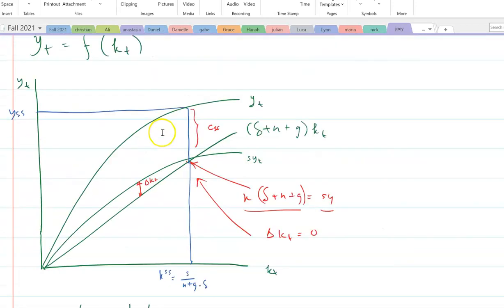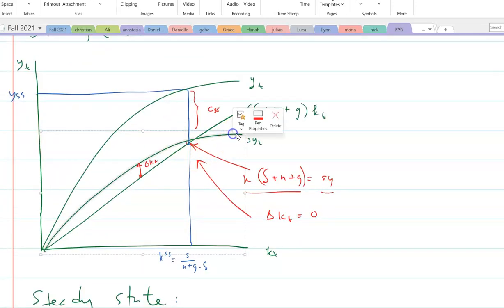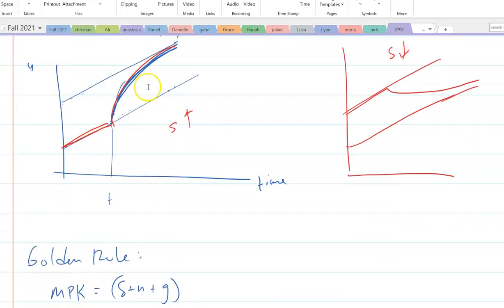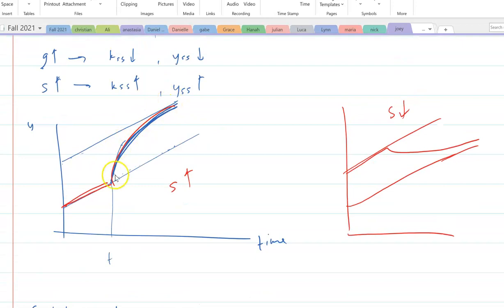When you have an increase in s, the output in steady state will be higher. This point will move to the right, so this point here will move higher as well, so the y steady state will increase, and it's just a plot of how the output in steady state will increase.